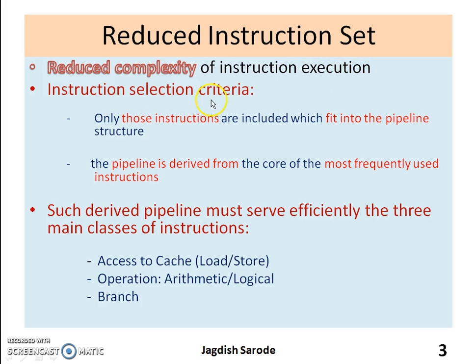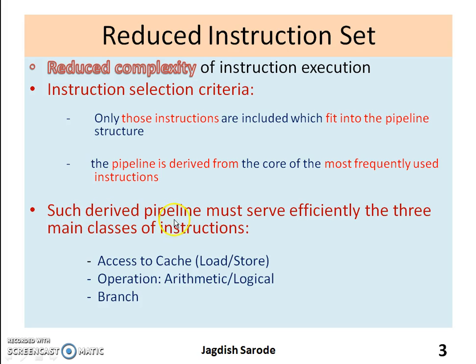The instruction selection criterion for this reduced instruction set is that only those instructions are included which fit into the pipeline structure. So the instructions which fit into the pipeline structure are included in this reduced instruction set of the RISC processor.